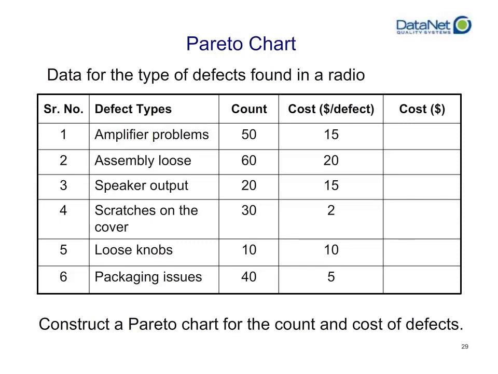You have a count for each one of these. You have a cost for each one of these. Your job is to construct two Pareto charts. One Pareto chart should be for the count, and an additional Pareto chart should be for the cost of defects.